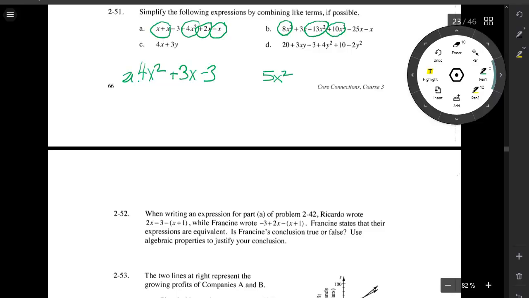The next highest order term is 3x and 25x. Combine the negative 25 with 3, you should get minus 22x. But of course, there's this other x hanging out here, so it should be 23x.